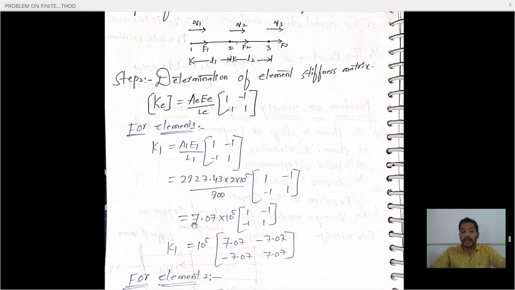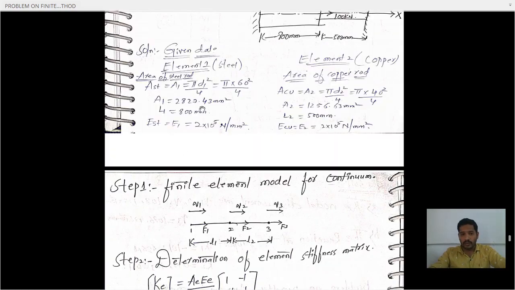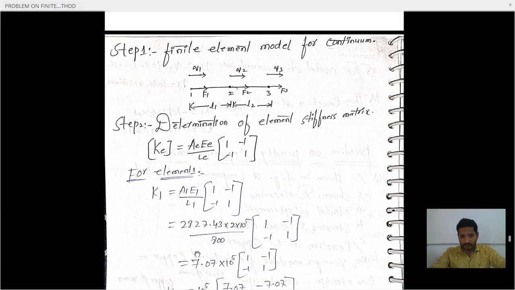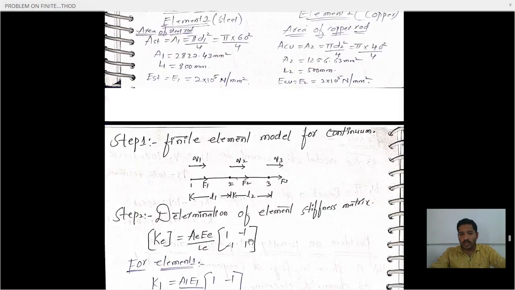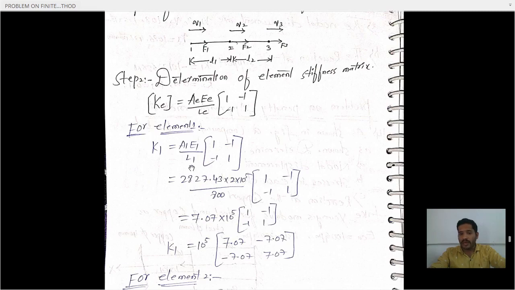Okay, so let us see this figure. A1 E1: the area of steel, how much do we have here? 2827.43. And the modulus of elasticity, or Young's modulus, of the steel is given as 2 into 10 power 5, divided by the length of the first element, the length of the steel, which is given as 800, times [1 -1; -1 1].